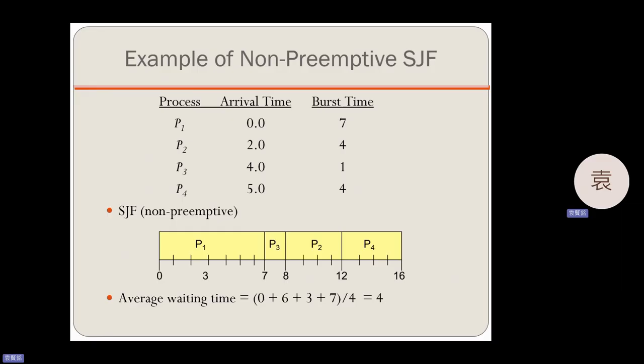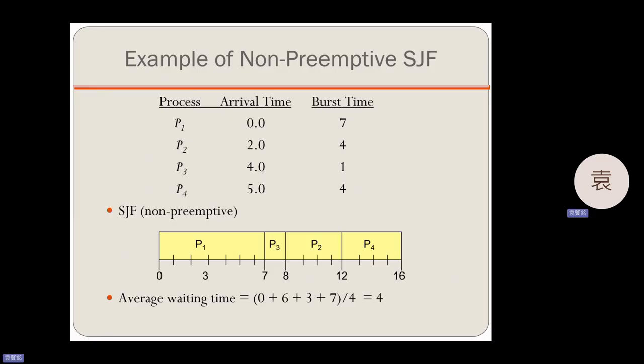If we allow preemption for shortest job first, that means if a newly arrived process has higher priority, that is, the remaining time of the current running process is longer than that of the newly arrived process, then we will preempt the current running process and let the newly arrived process run first.